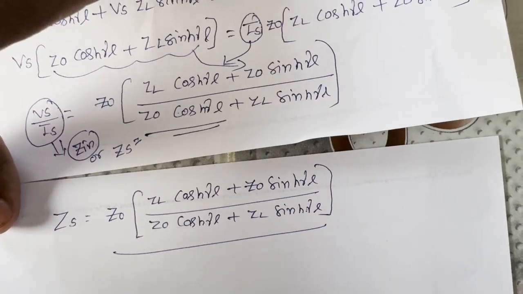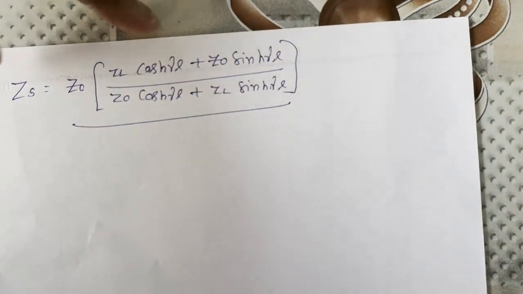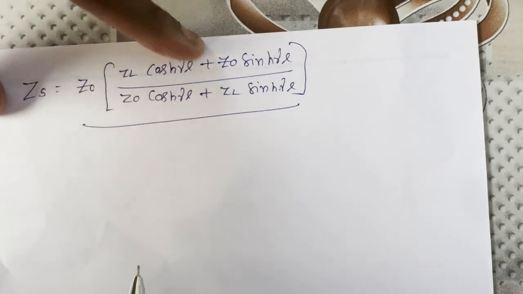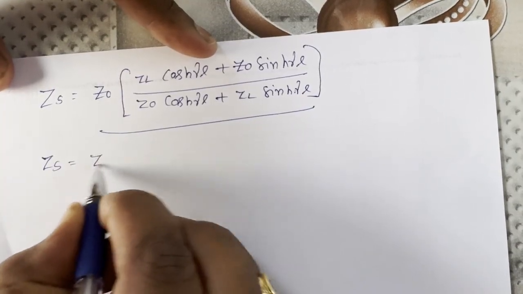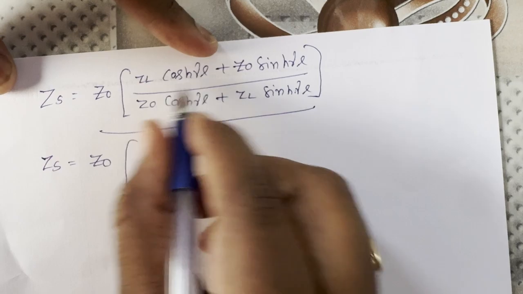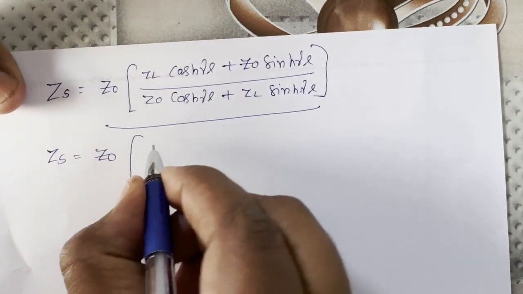Now for example, when we want to simplify this expression, then consider Zs equal to Z naught into, take cosh γL as a common term from the numerator and denominator.